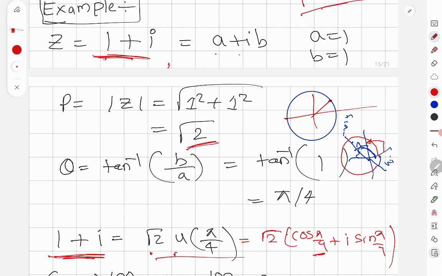I go 90, this one is 180, and this one is 270. If something is here, it should be between 270 and 360. If you are writing minus 45, it's the same thing as 270 plus 45, exactly that value, but he told us to choose 135 to be in the second quadrant.